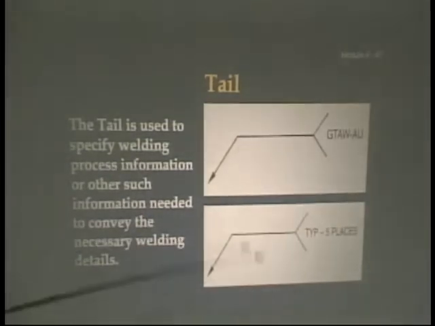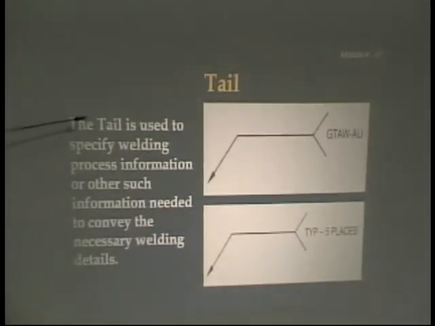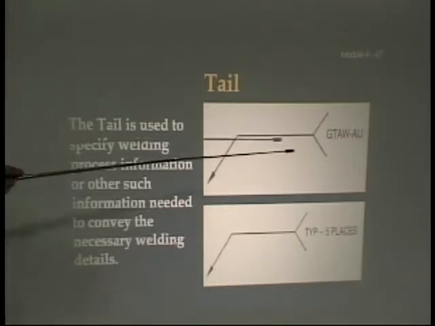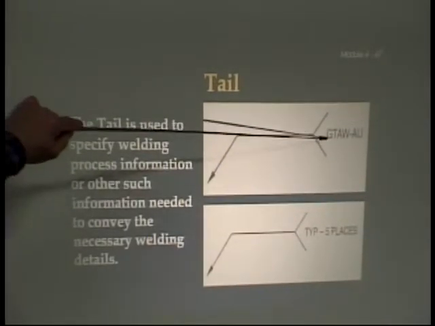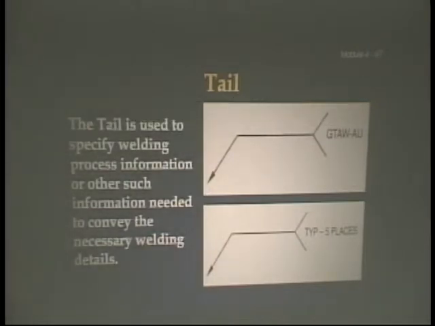And again, here's the tail. It says the tail is used to specify welding process information or other such information needed to convey the necessary welding details. So here we have GTAW-AU. That's gas tungsten arc welding, automatic. So it's telling us how it's going to be welded. How is the weld going to be made?